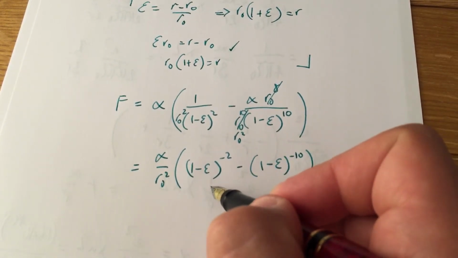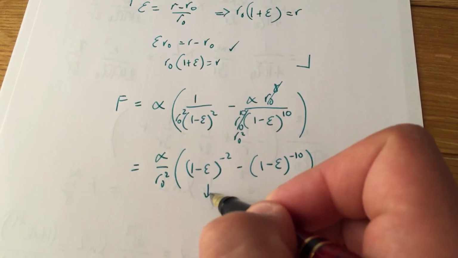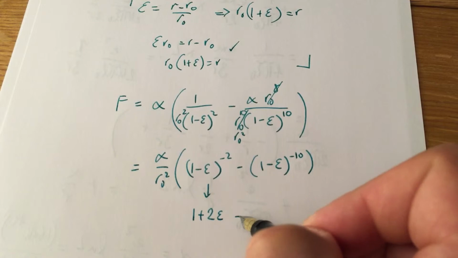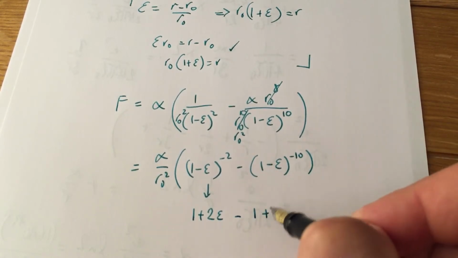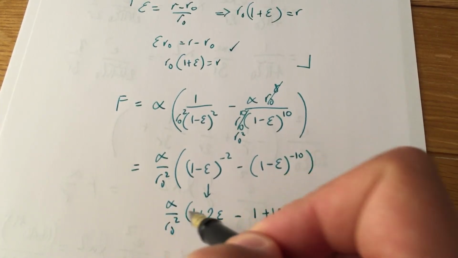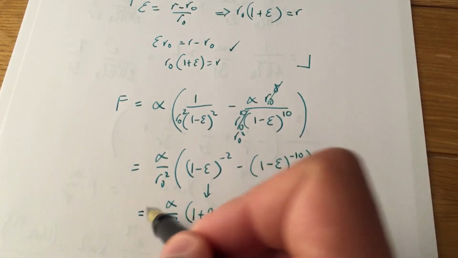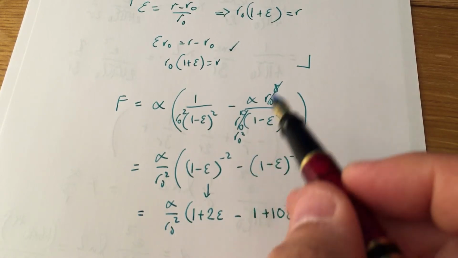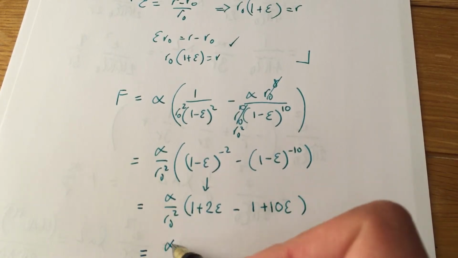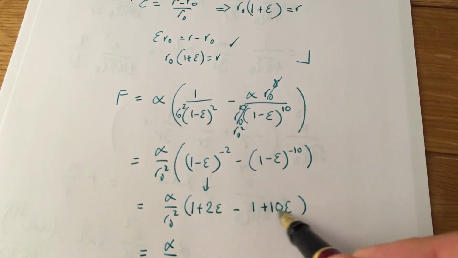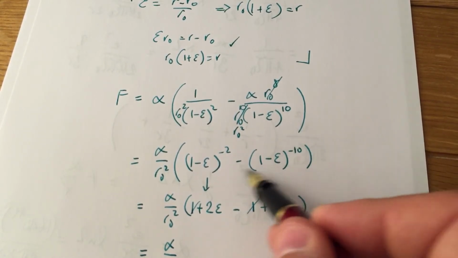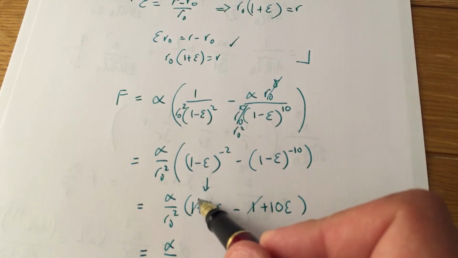Good. Now, if we binomially expand this, then that should give us 1 plus 2 eta, and this should give us minus 1 plus 10 eta, alpha over r naught squared. Good. Let me just make sure I haven't missed anything out there. Which equals alpha over r naught squared, by, that goes with that, giving me minus 2.